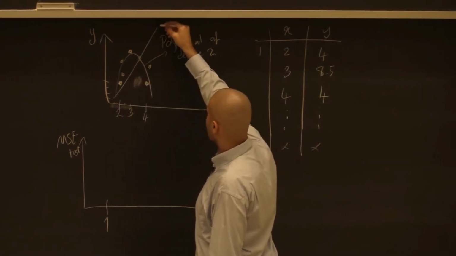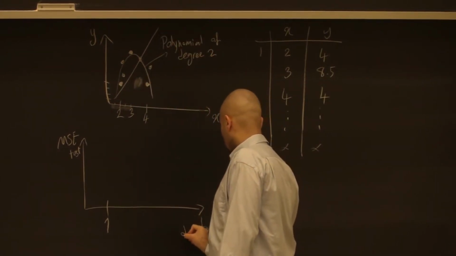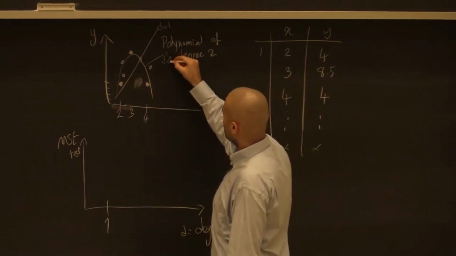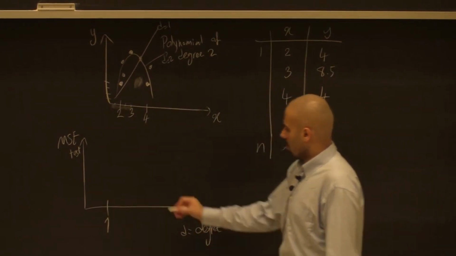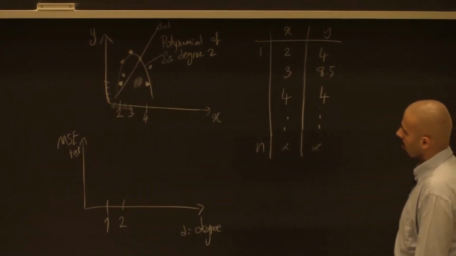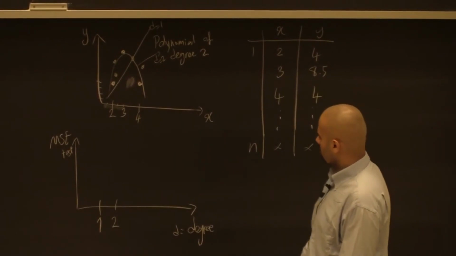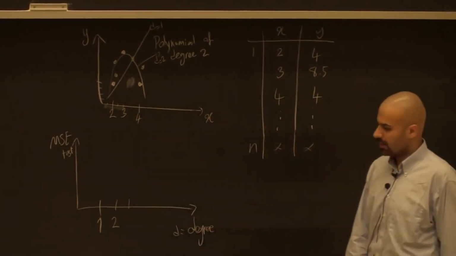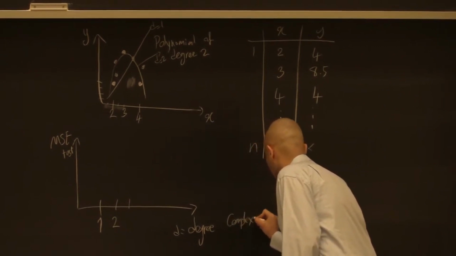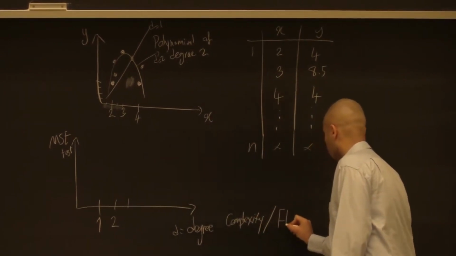This is when k is equal to 1, or I can represent it by d. This is when d is 1, and this one is when d is 2, right? We can increase the degree, which means we're increasing the complexity or flexibility of the model.